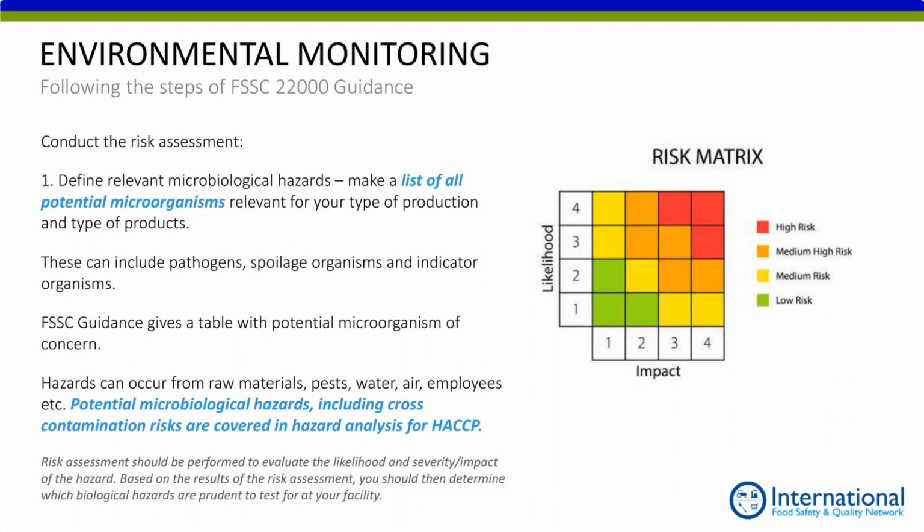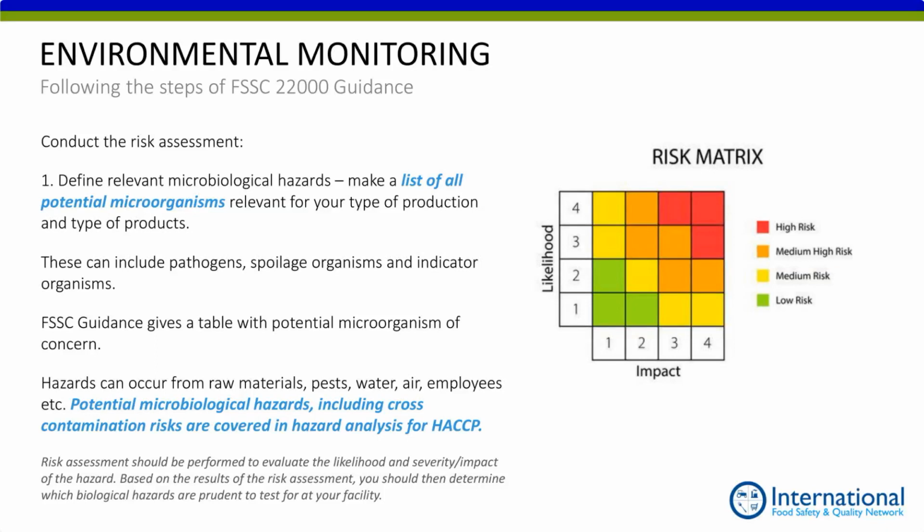It could happen that there is a miss in cleaning, the cleaning was not sufficient, and that there is a potential microorganism. But the severity or the impact could be high. You say, maybe it's salmonella and someone can die. So this impact can be like 4, it's very high. And when you compare it in the risk matrix, you get the medium high risks.